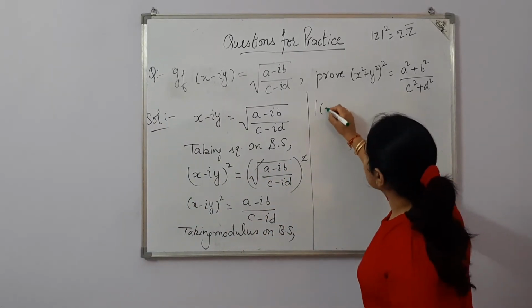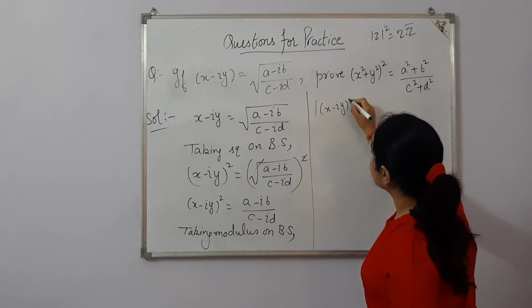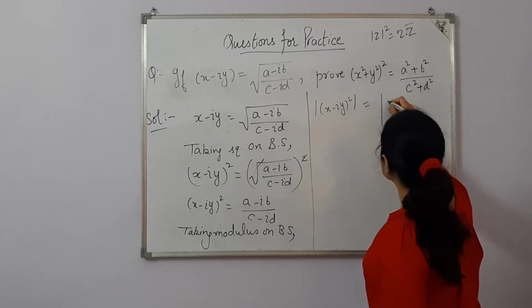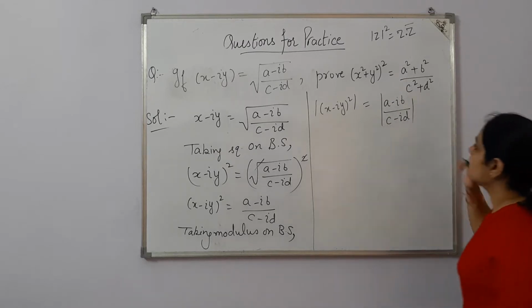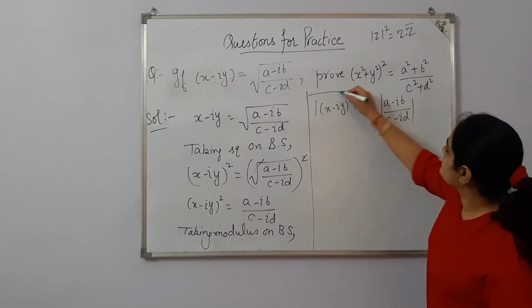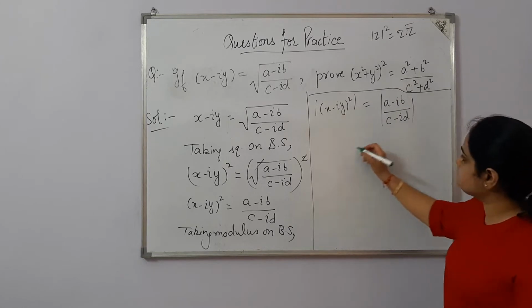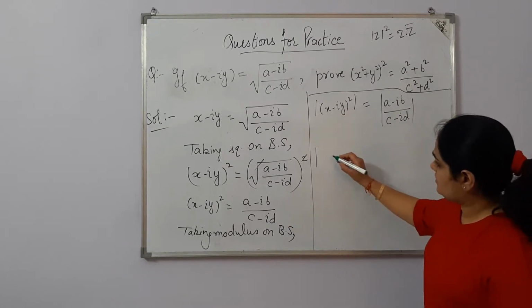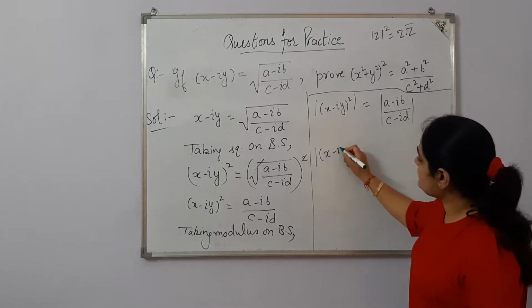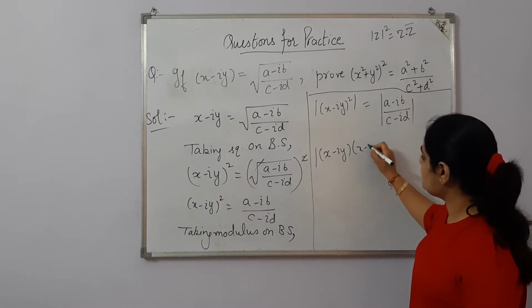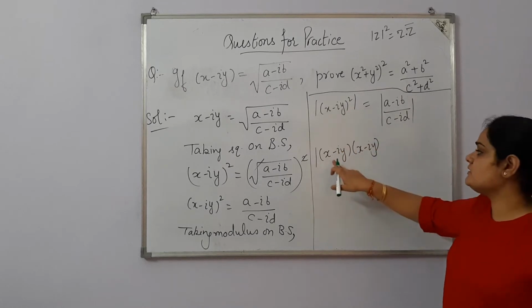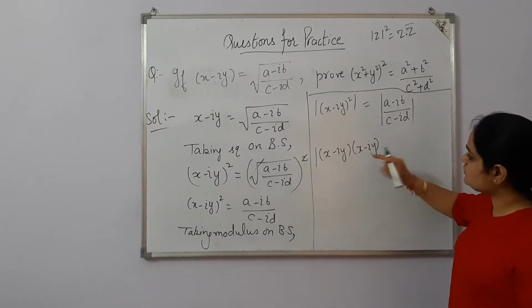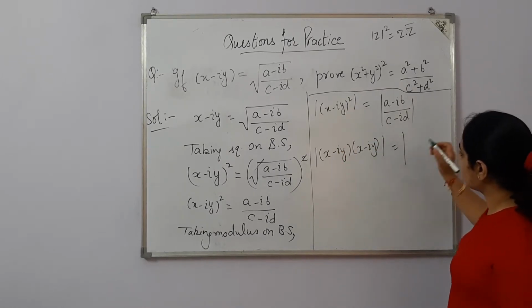So modulus of x minus iota y whole square is modulus of a minus iota b upon c minus iota d. Now x minus iota y into x minus iota y, because there is power 2, so I have written x minus iota y into x minus iota y, then modulus.